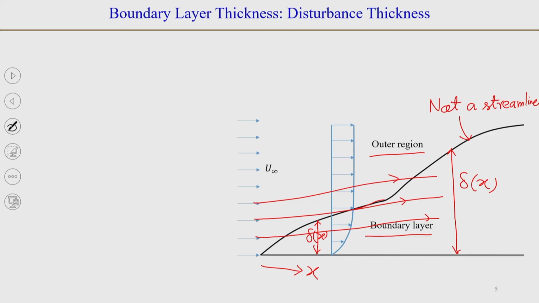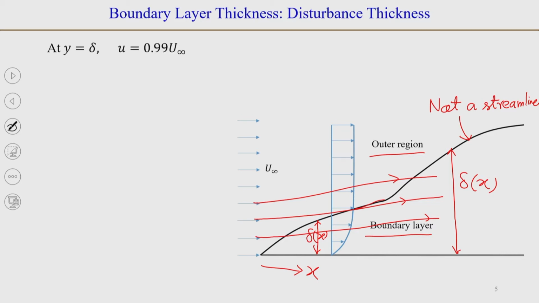So, the distance between the streamlines can be slightly more as it goes downstream. Okay. So, the streamlines can cut the boundary layer, and the boundary layer is not a streamline.